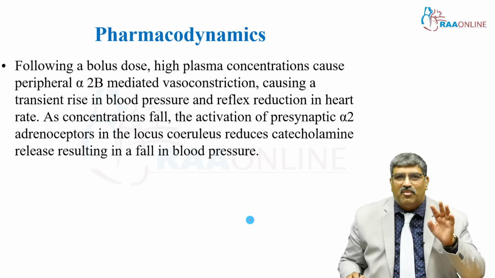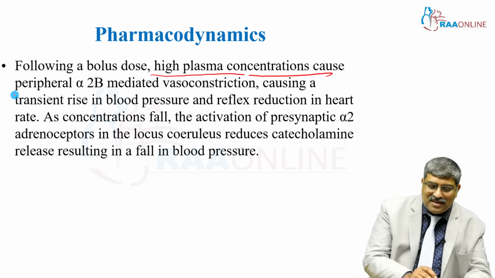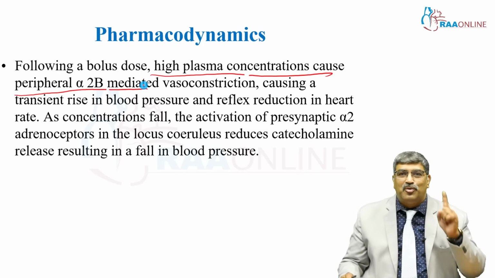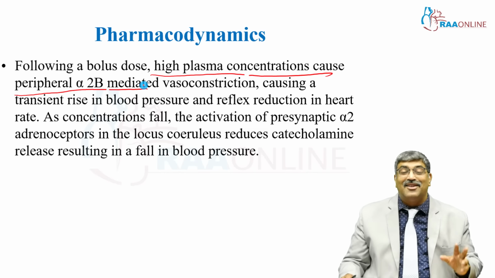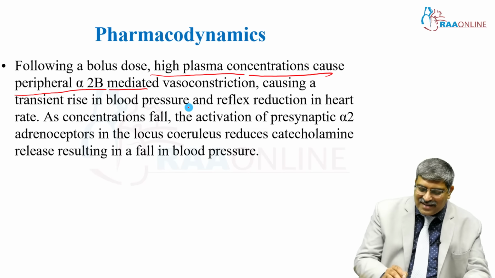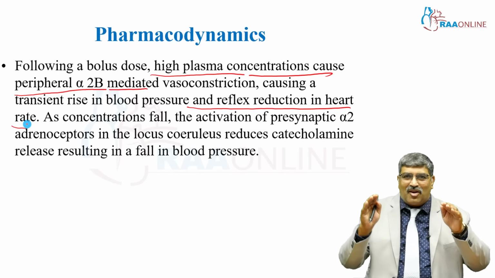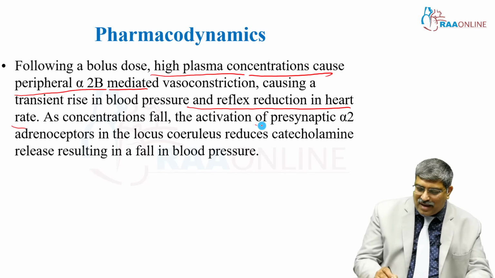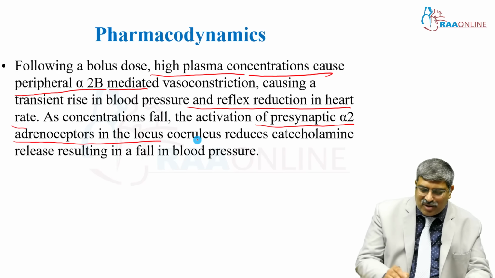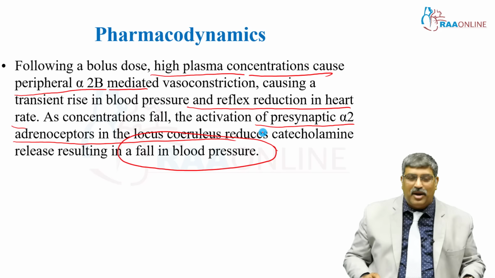So, following a bolus dose, a high plasma concentration stimulates alpha 2b mediated vasoconstriction, causing a transient rise in blood pressure, and this causes a reflex reduction in heart rate. Then as concentration comes down, presynaptic alpha 2 receptor in the locus coeruleus reduces catecholamine surge, causing a fall in blood pressure.